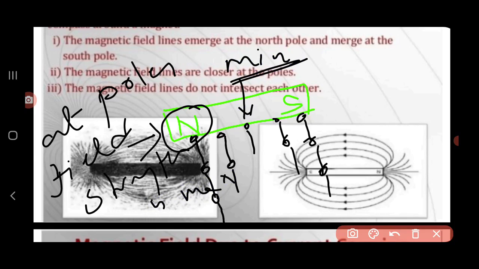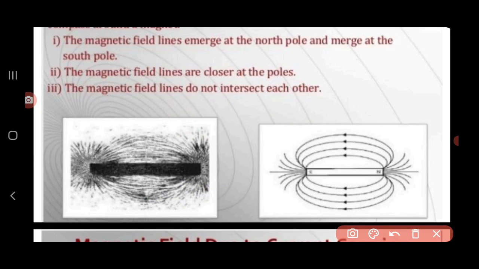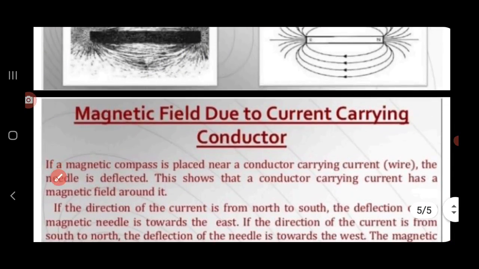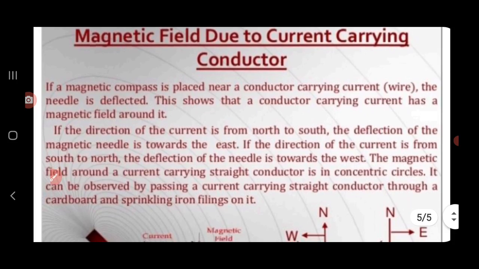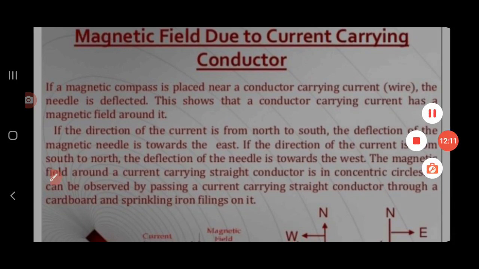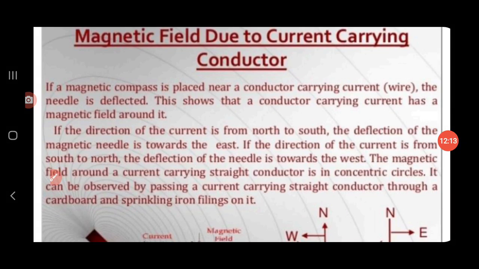He showed that whenever a current carrying wire is placed over or below a magnetic needle, there is a deflection in the magnetic needle, and this deflection occurs only when current is passed through the wire.